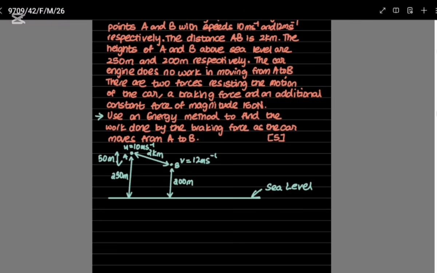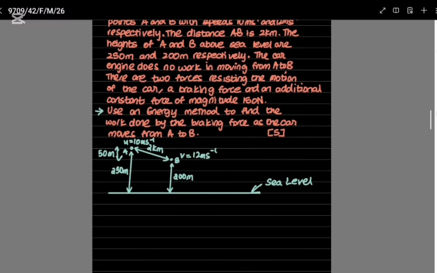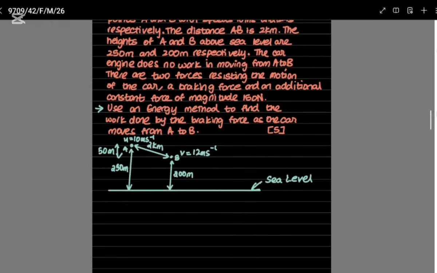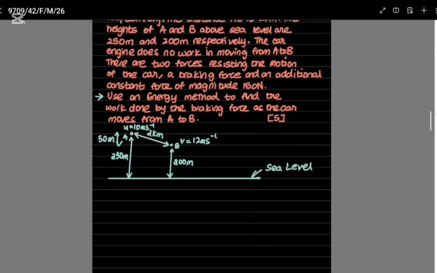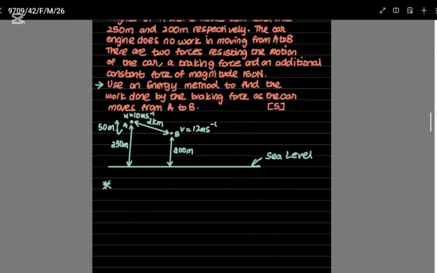Now use an energy method to find the work done by the braking force as the car moves from A to B. There are two resistive forces. One is the constant force of magnitude 150 Newton, and the other is a braking force. Whenever an object moves down a plane or whatever, you're losing GPE.